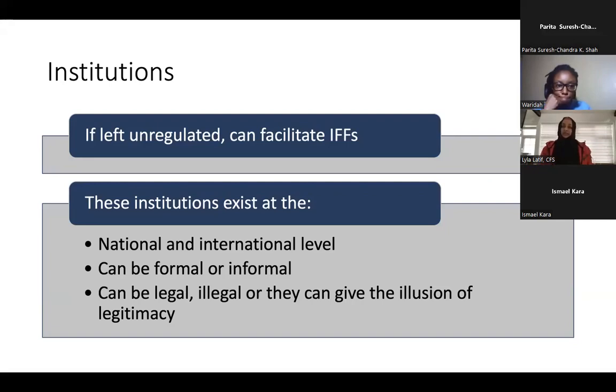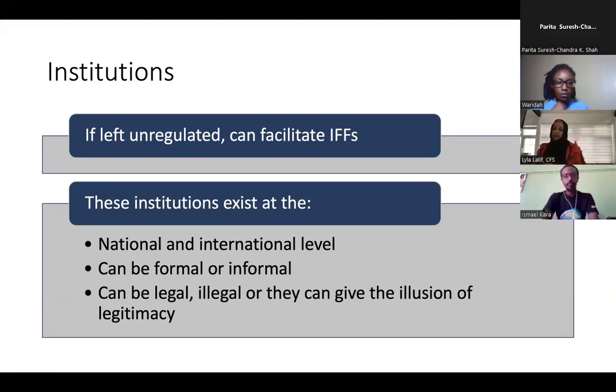There are also instances where private bankers can abuse their powers and use the banking sector to quietly move money for politically exposed persons, politicians, or corrupt state officers in an attempt to conceal the illicit nature of the money. So when it goes through a bank, it gives such money the illusion of legitimacy because the assumption is that the bank has done all its checks before moving the money as part of the know your customer rules.